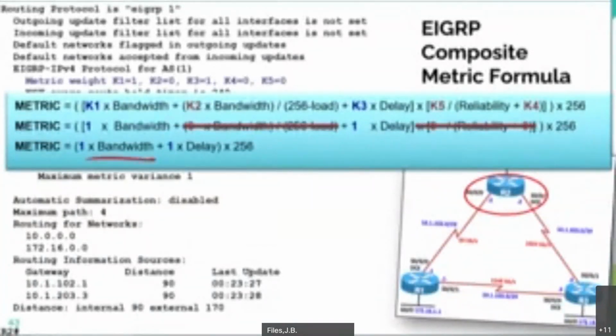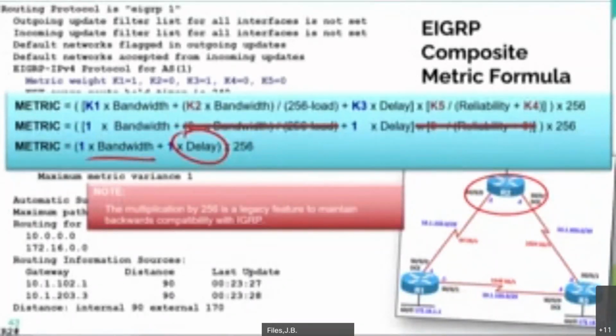It's the bottleneck. Delay is the cumulative delay of all of the exit interfaces added up. And the 256 is from when they went from IGRP to EIGRP. It's used to maintain backwards compatibility with IGRP, which in this day and age really isn't necessary because IGRP doesn't exist. Okay.